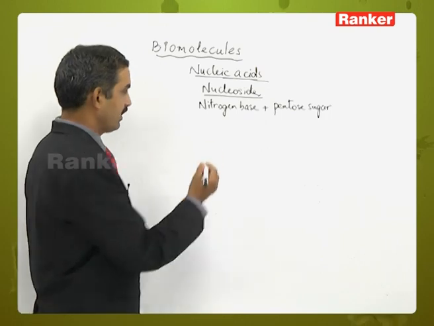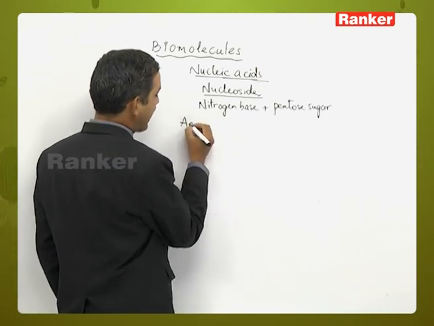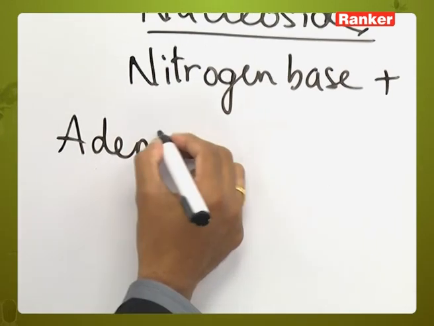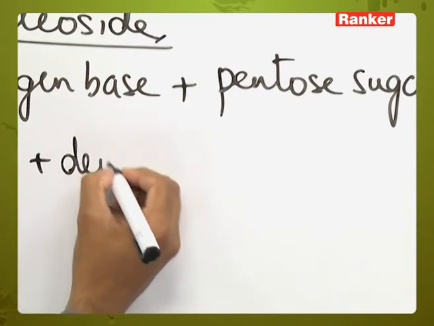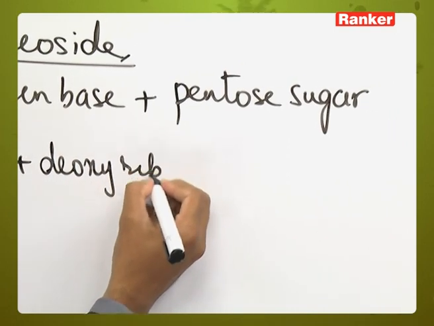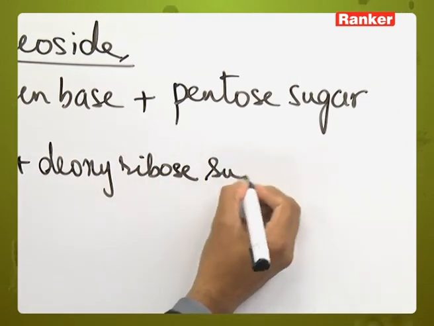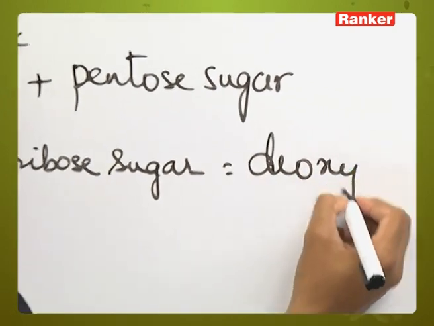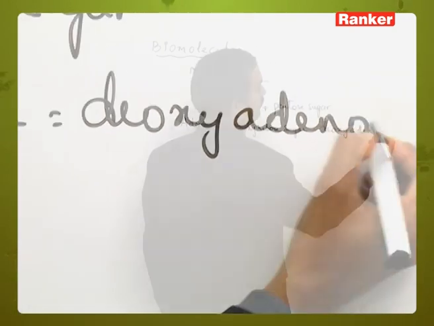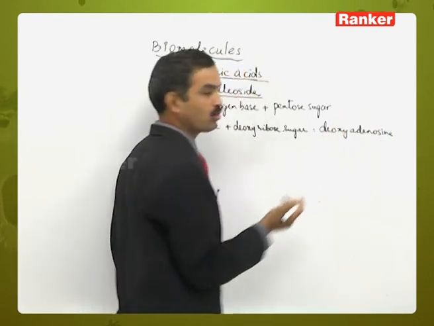Here, nitrogen base means, consider adenine. Adenine plus pentose sugar, if it is a deoxyribose sugar, we call it deoxyadenosine. This is the name of one nucleoside.